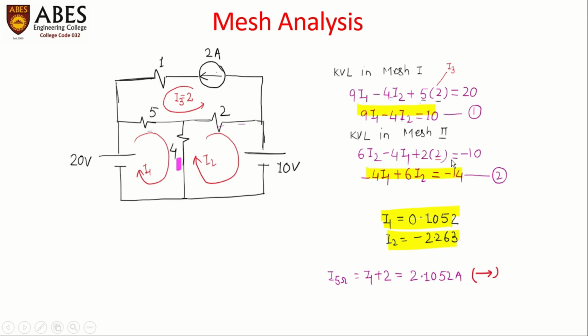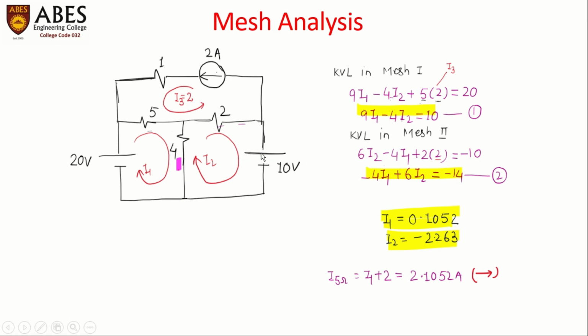Now again we will write the equal sign and we will find the value of the voltage source that is associated with mesh 2. In mesh 2, there is a voltage source of 10 volt, and if we follow the direction of I2, I2 is flowing from higher to lower potential.